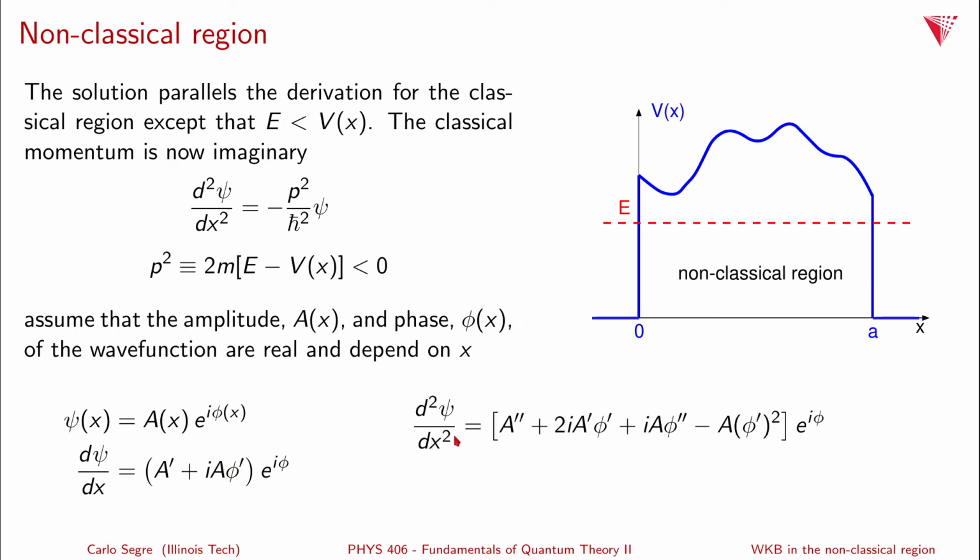And the second derivative, just like before, gives us A double prime, the second spatial derivative of A, plus 2i A prime phi prime plus i A phi double prime minus A times phi prime squared, all times e to the i phi.